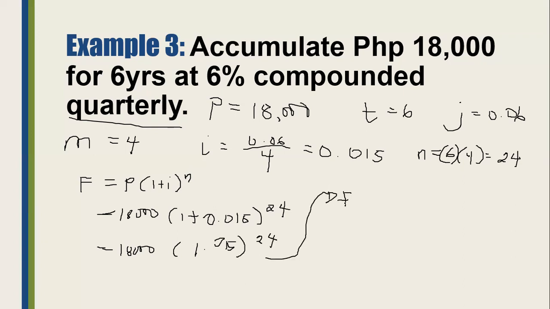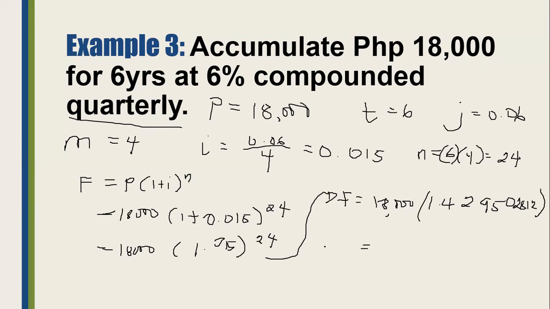So final value equals 18,000 times 1.015 raised to 24, which is 1.4295 point 2812, times 18,000.